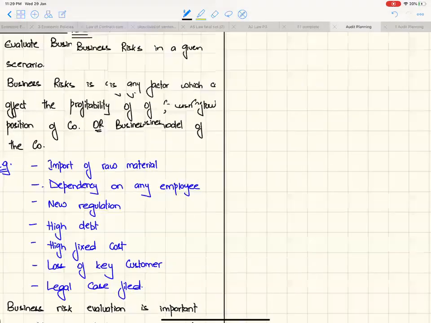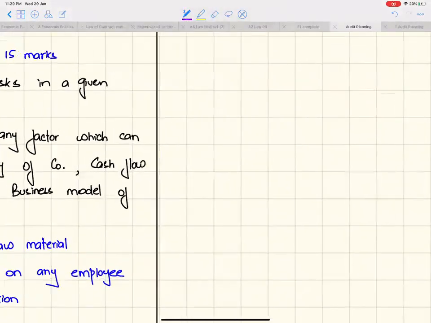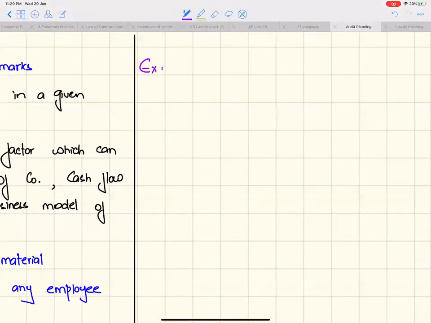Now, the most important thing is what we have to do in the examination. In examination, you will be provided a scenario, and you have to evaluate the business risk from those scenarios. Now, it is very important that you listen to this part of the lecture very carefully.